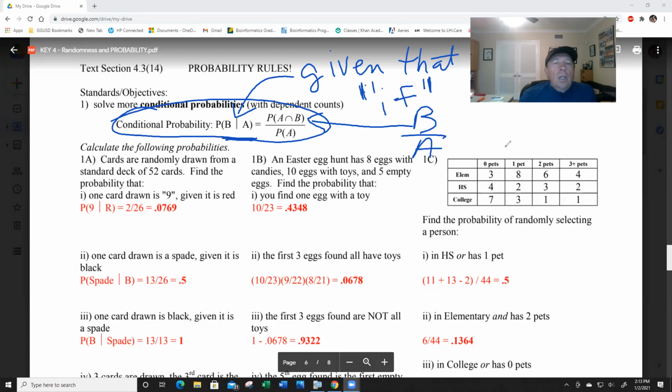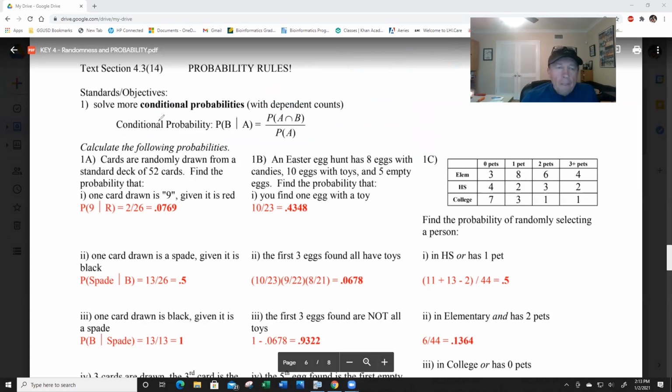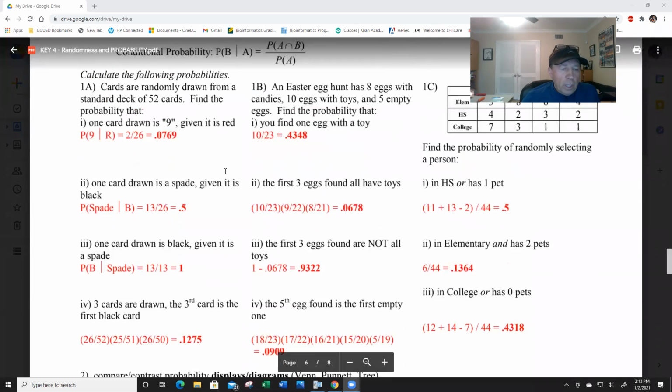So let's just go with question A here, okay? All right. So we're on 1A. In 1A, we got a standard deck of 52 cards. Find the probability that one card drawn is a 9 given it's red.